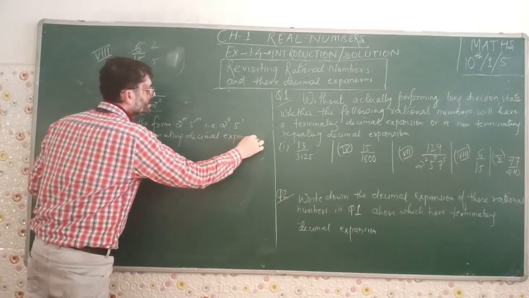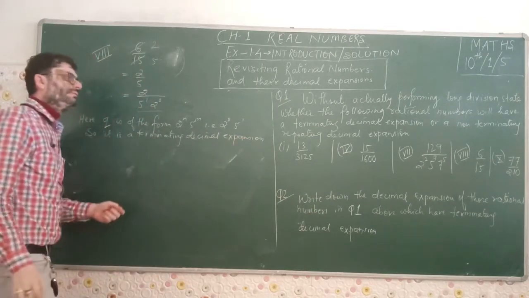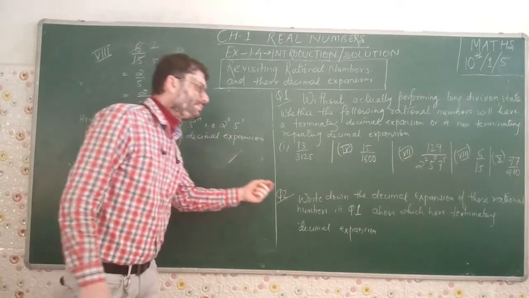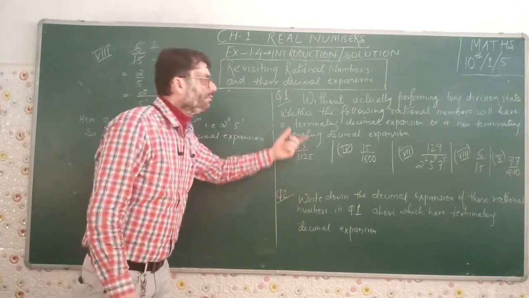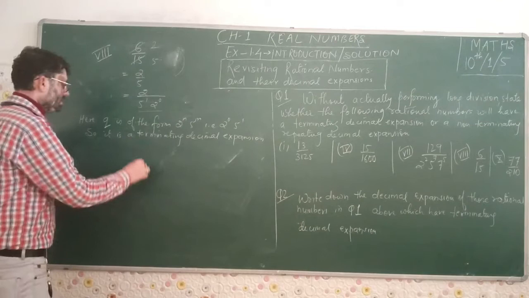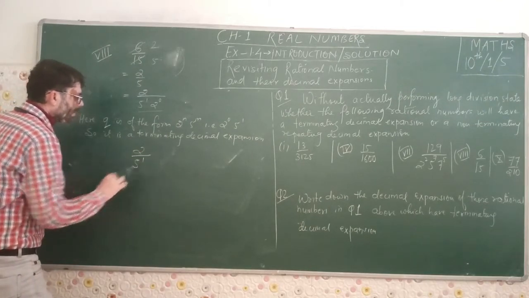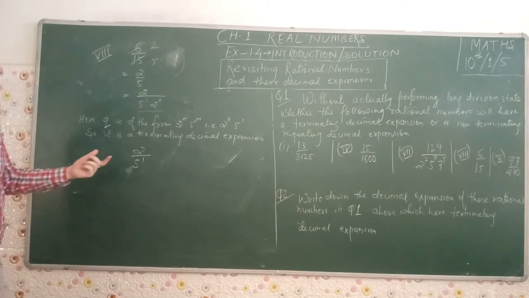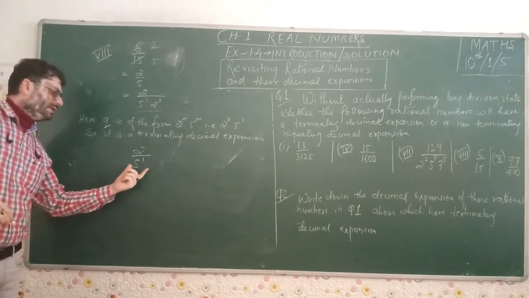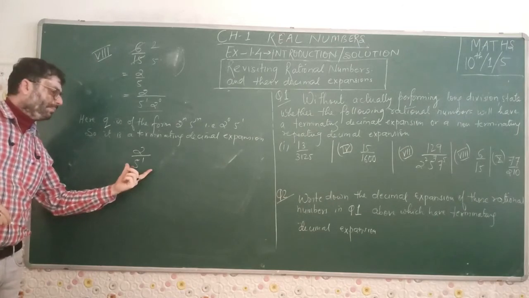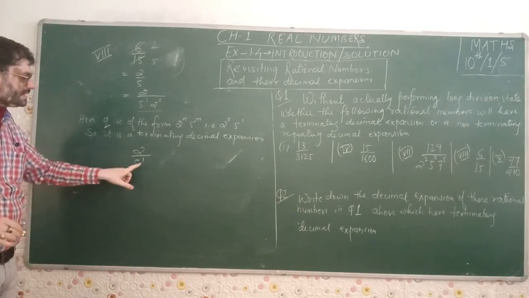And if it is a terminating decimal expansion, then we will have to show its expanded form as per question number 2 without actual long division. So let us move on for the decimal expansion. So this is 2 upon 5 to the power 1. Now, I have told you earlier also that we need a 2 here with the same power as 5. Here 5 takes the power 1.